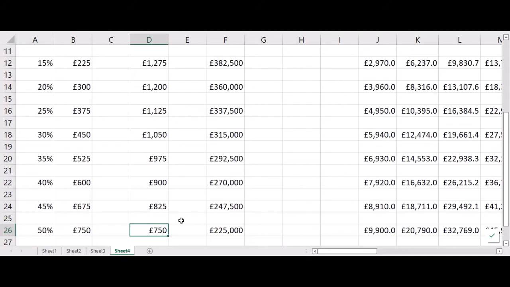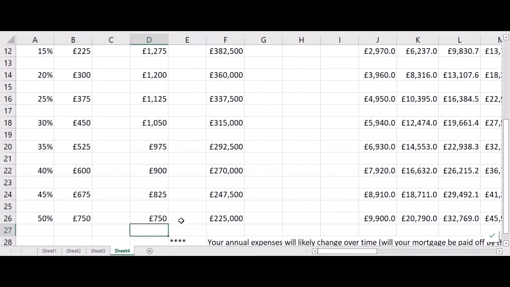So if we go across the right again, remember this is somebody investing half of their income per month, and frankly it doesn't matter how much you earn, because it's the proportions that matter here.